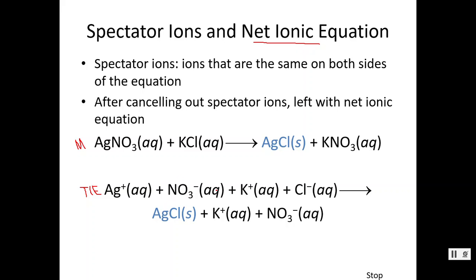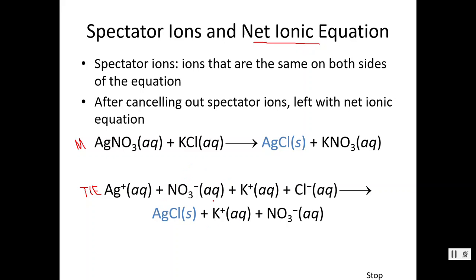And just like you can do in algebra, if you have like terms on either side, you can simplify them by canceling them out. We can do something similar in chemistry with regard to ions that are on both sides of the total ionic equation. We can cancel them out to be left with something called the net ionic equation.